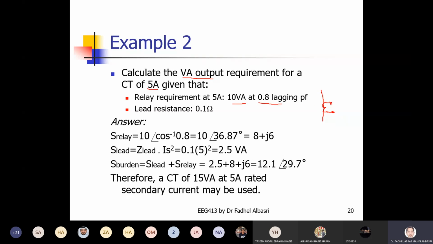and this secondary is connected with a lead resistance of 0.1 ohm. This is R of the lead, and it has a burden. This is Z of the relay. The relay is 10 volt ampere at 0.8 lagging.